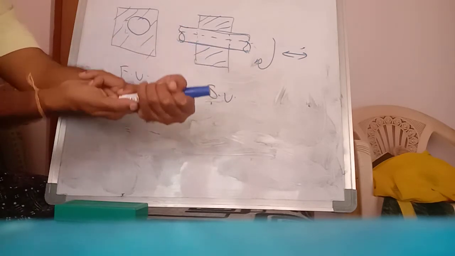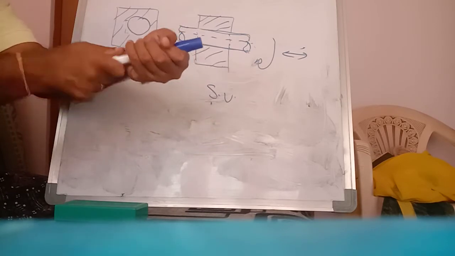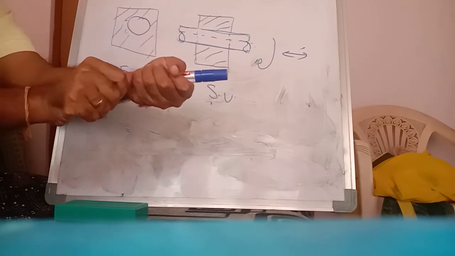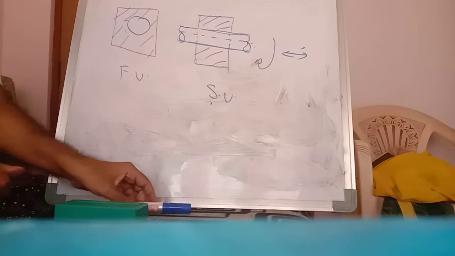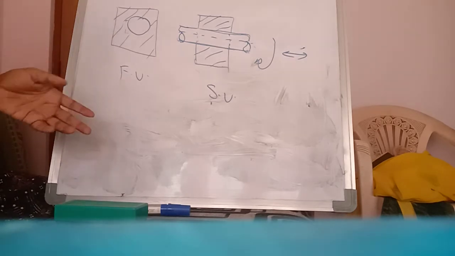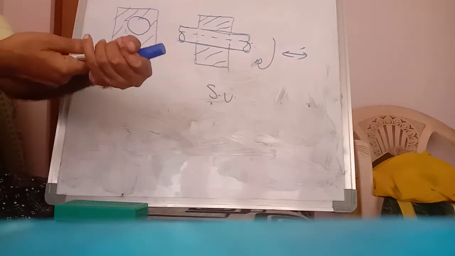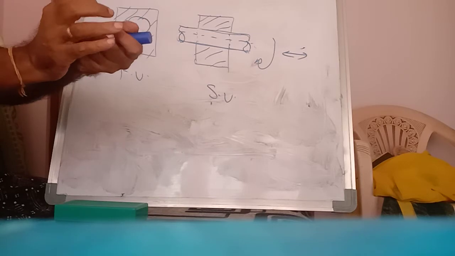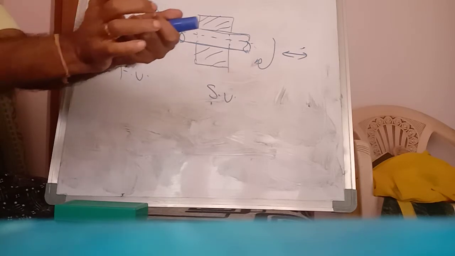If you apply this type of force, then it can rotate. If you apply the force in this direction, it can move. So the relative motion between the links depends upon the type of external force. If you rotate, it rotates. If you push, it will move straight.